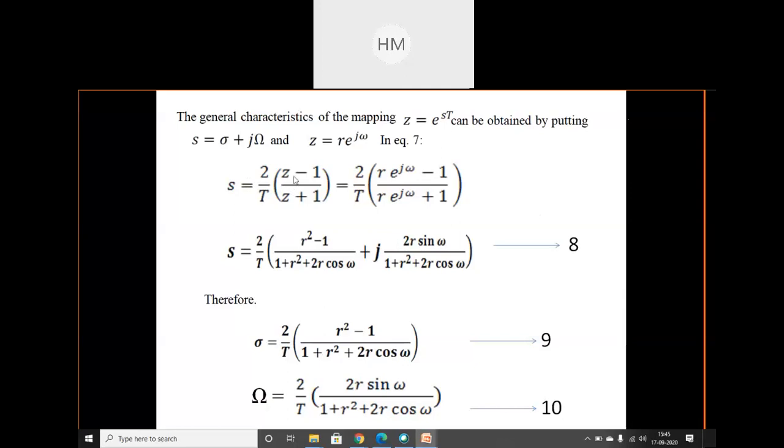See, I can find out z also, equation of z in terms of s. Now what I am doing, e to the power j omega, splitting the terms e to the power j omega in terms of sine and cosine.